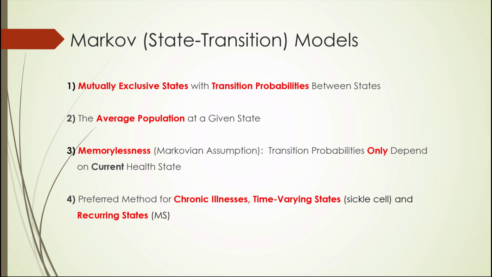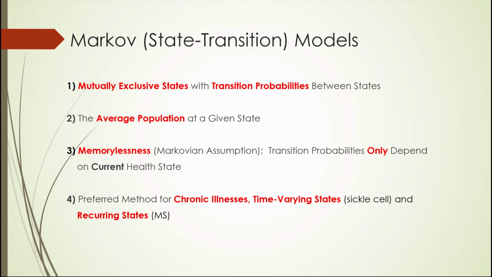We have this rule of memorylessness, or Markovian assumption, which helps us calculate the probabilities, just like we did in decision trees, which says that transition probabilities only depend on the current health state that the patients are in, and it doesn't care about the past.